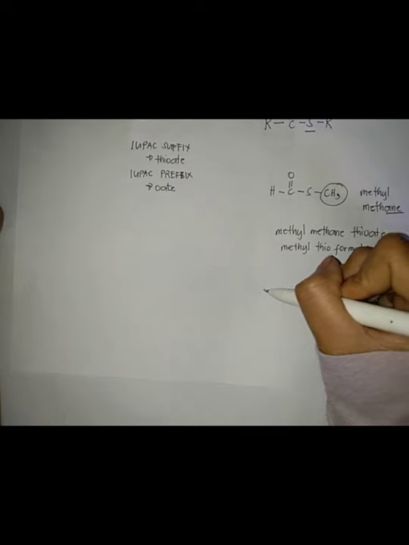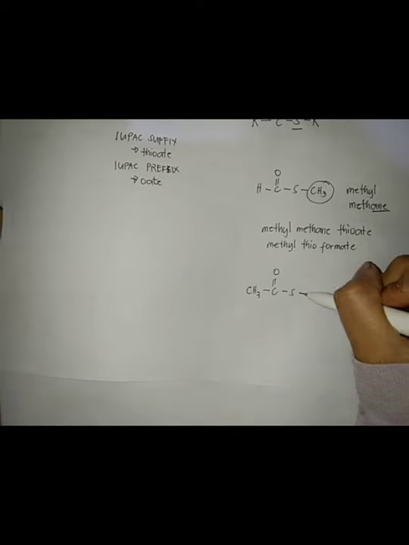Now, I will give another example. So we go CH3 bonded to carbon, then the carbon is double bonded to oxygen, and the carbon is bonded to sulfur, CH2, CH3. How can we name this compound?